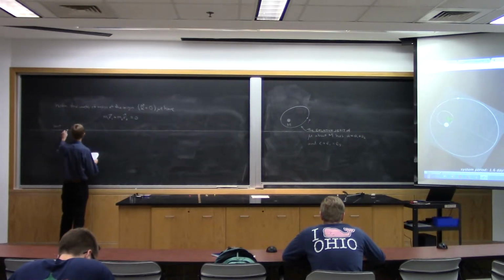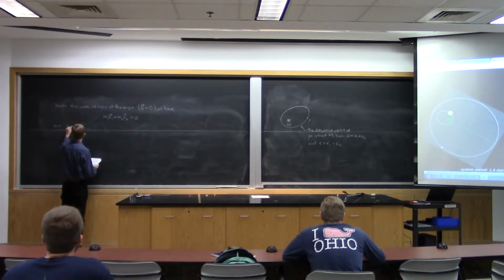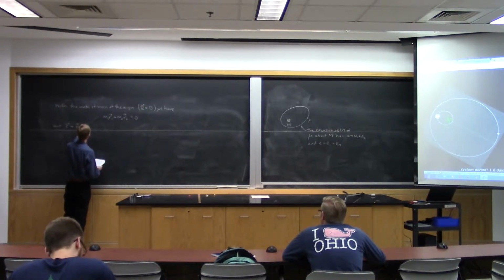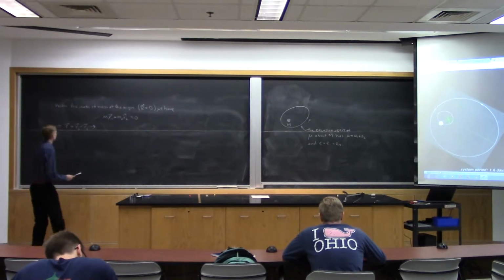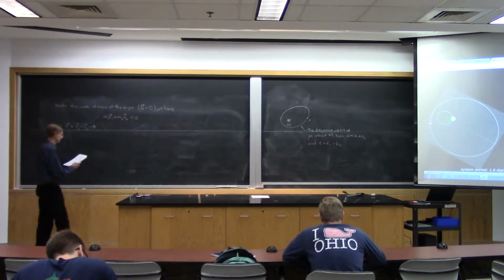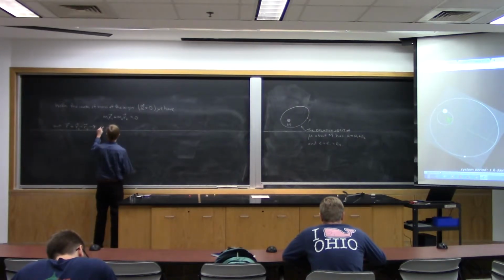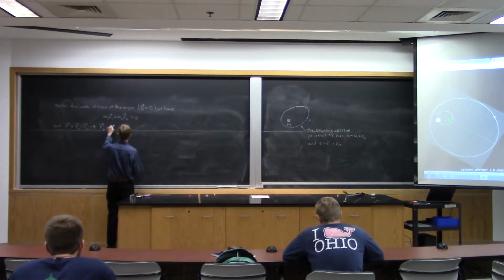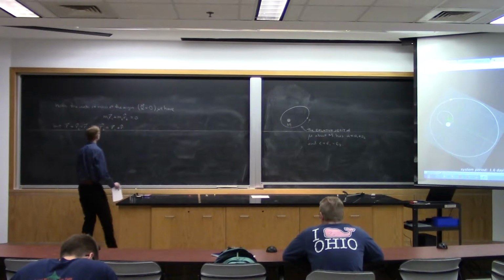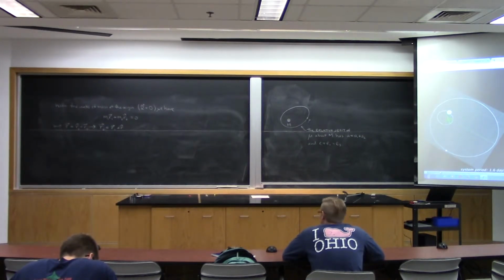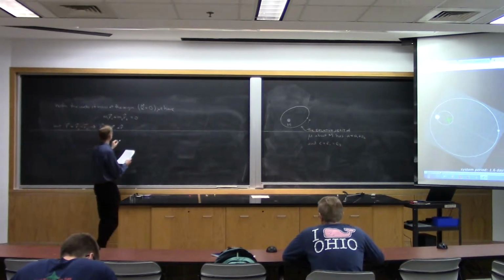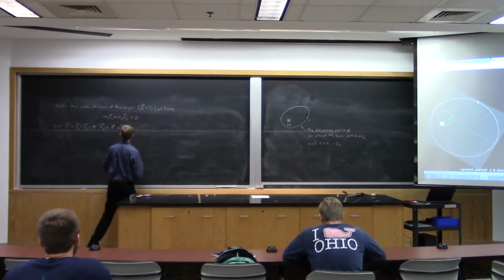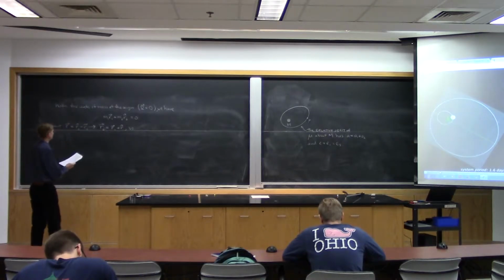But remember we said that R is R2 minus R1. So that says that we can write that R2 is equal to R1 plus R. So let's substitute that in above.